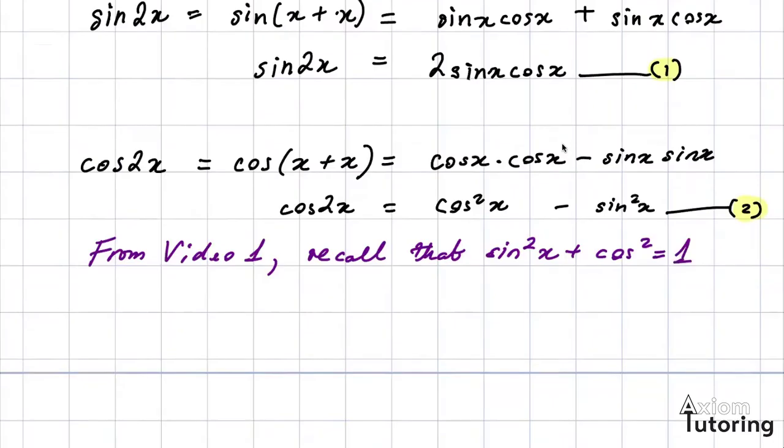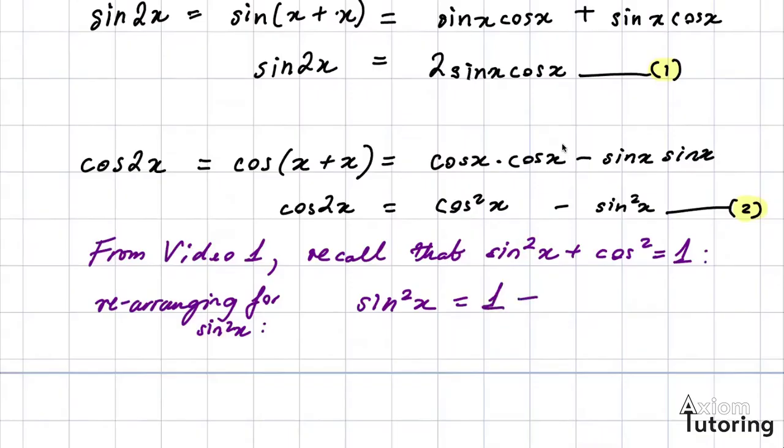So what we can do then is we can rearrange our identity, and we can start with sine squared x as the subject. So let's just write here to give some context, rearranging for sine squared x. So sine squared x is equal to 1 minus cos squared x.